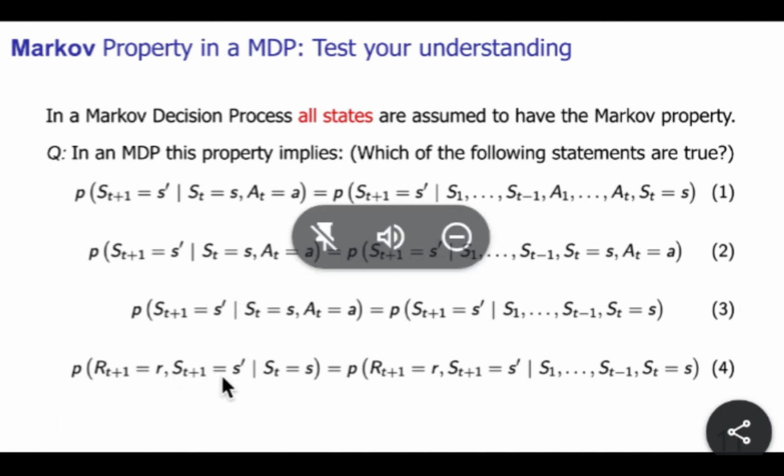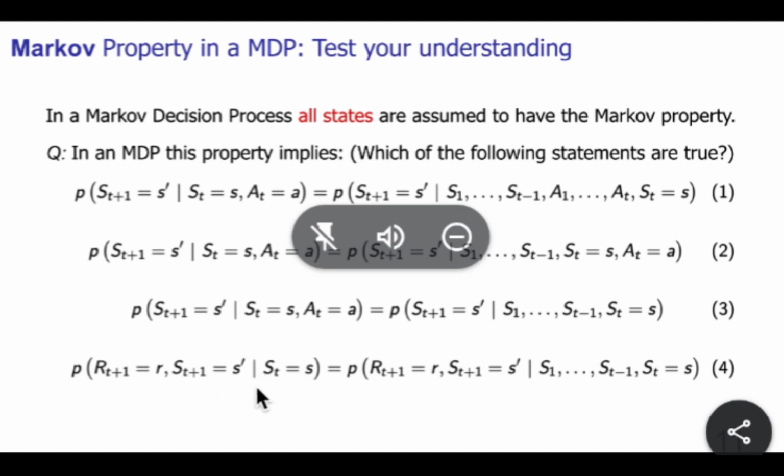So from this perspective, for instance, the fourth one is correct. The probability of the next reward R and next state S, given the current state, is equal to the probability of the same reward and next state, given the history of the states, the sequence of states. So here it's considering only the sequence of states.